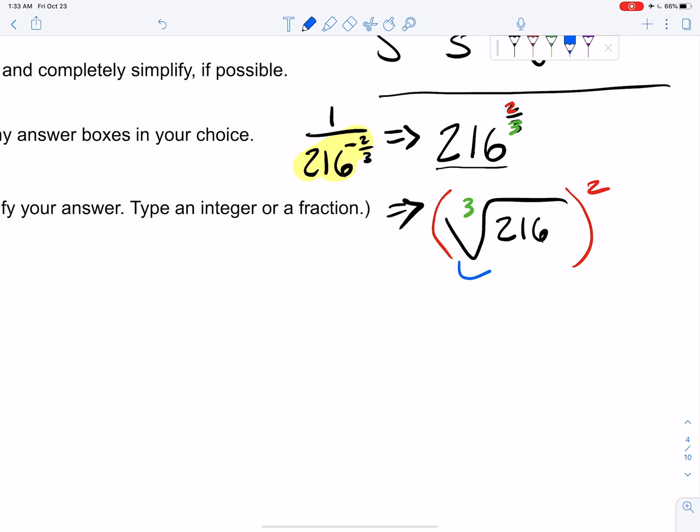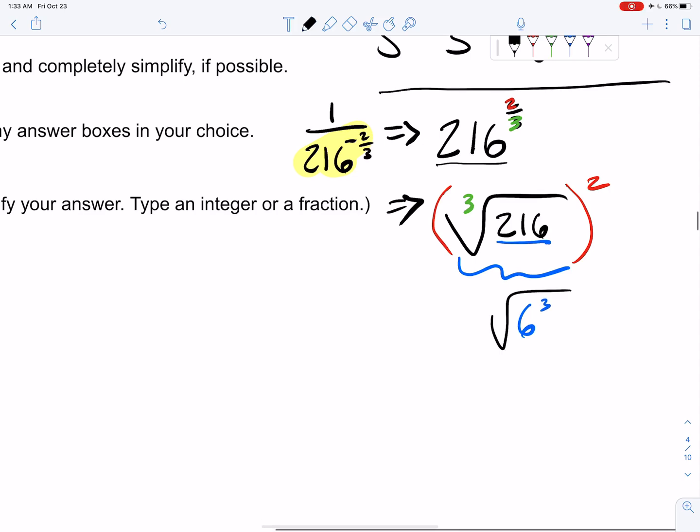So can we simplify that? Does 216 break down? I'm just going to help us right now. 216 is the same as 6 to the 3rd power. So now we've got the cube root of 6 to the 3rd power, and in the end, after we simplify that, we're squaring it.